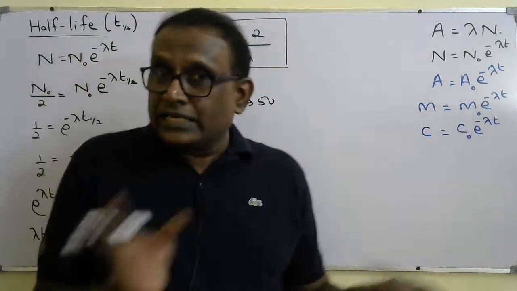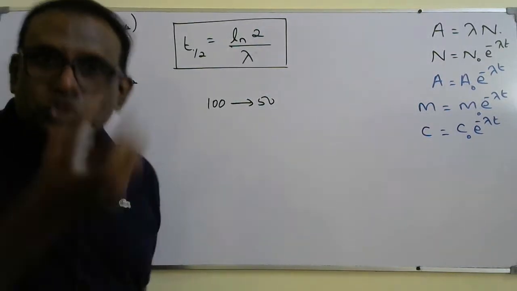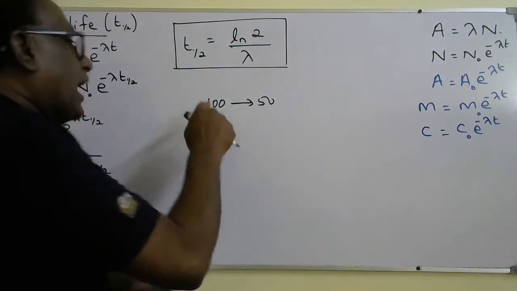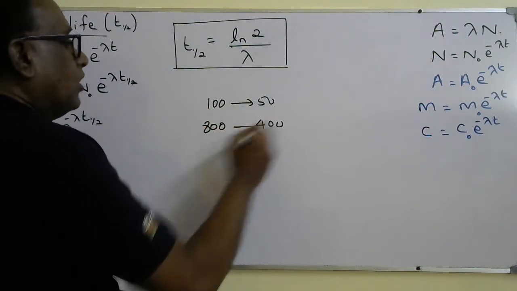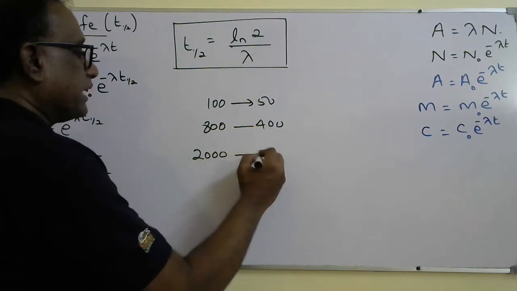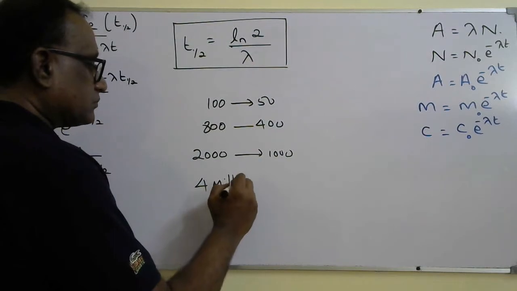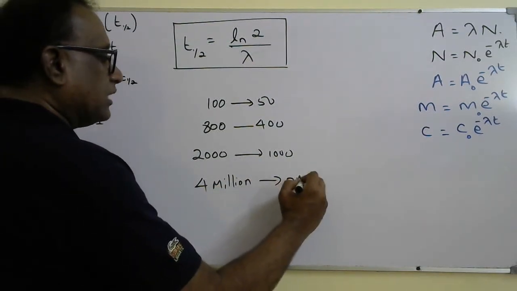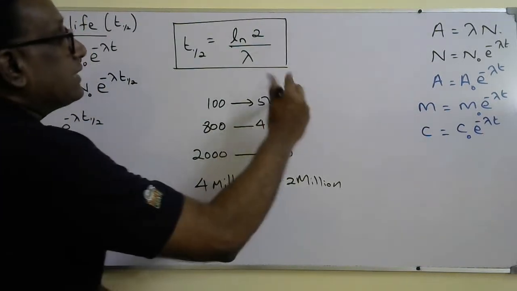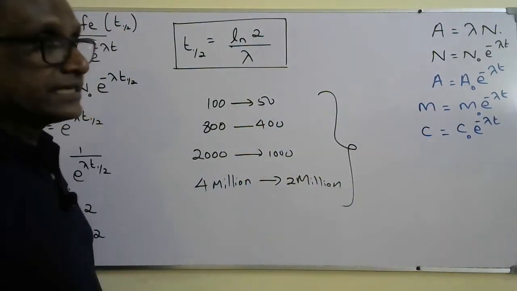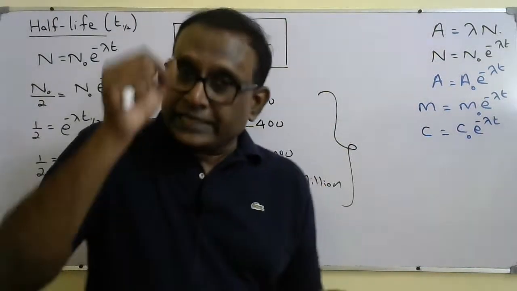I told you this is true when there are a larger number of nuclei, but I am just taking it for you to understand the relationship. 100 to become 50, or 800 to become 400, or 2000 to become 1000, or 4 million nuclei to become 2 million nuclei, or whatever the value, the time is constant, because ln 2 is a number, and lambda is constant for a particular type of sample.